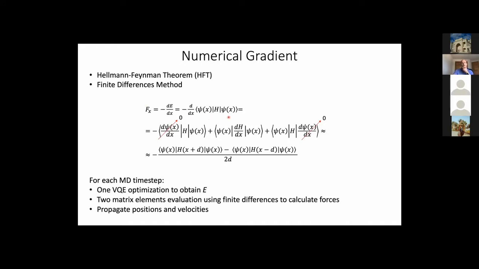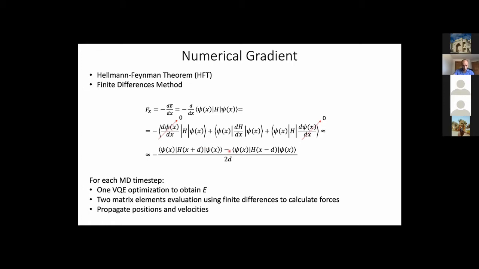We essentially don't optimize the wave function at the displaced geometries, and we neglect these two terms, which are called the Pulay error.